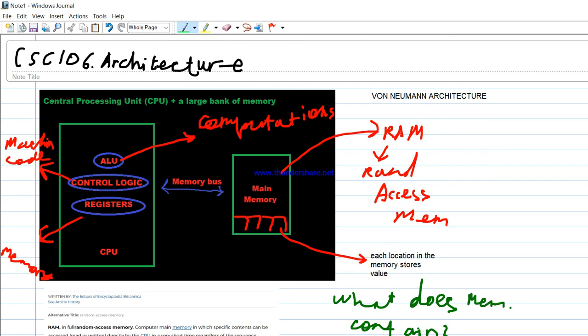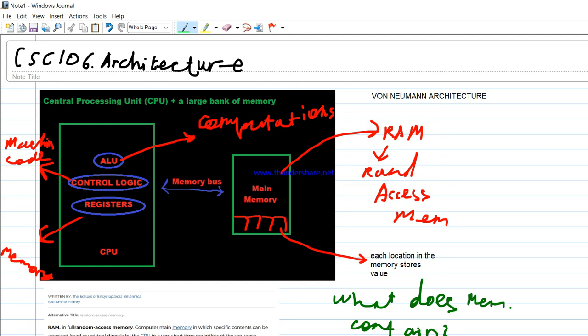But before I explain why that was necessary, let's go through some basic stuff about how the computer itself works. In any computer you have a CPU, which is a central processing unit. A CPU has three segments: ALU, which is arithmetic logic unit; control logic, which is responsible for... oh, excuse me, I didn't tell you what ALU is responsible for.